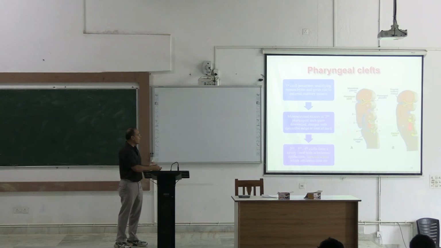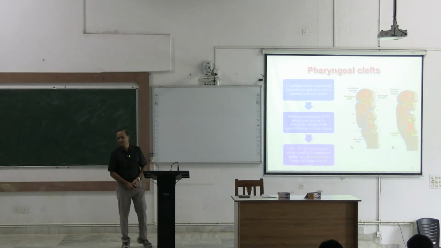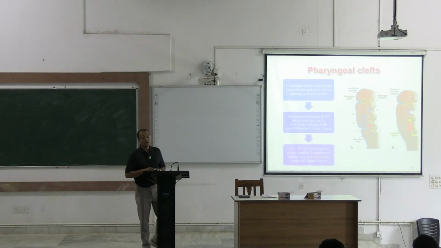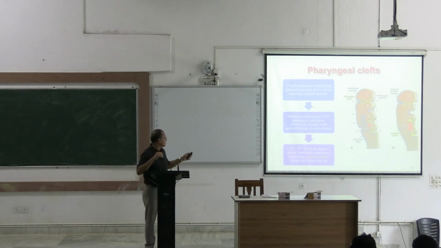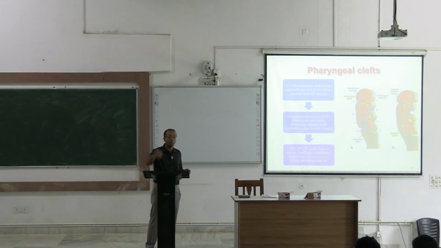Clefts 2, 3 and 4 eventually fuse with each other, leaving only a fusion gap, which we call the cervical sinus, and that cervical sinus should have completely vanished. So clefts 2, 3 and 4 join together, forming a tiny sinus present in the neck region, which we call the cervical sinus.